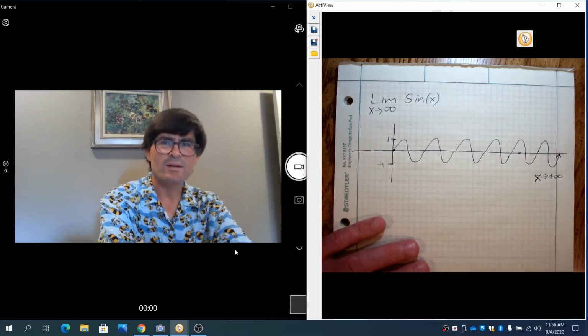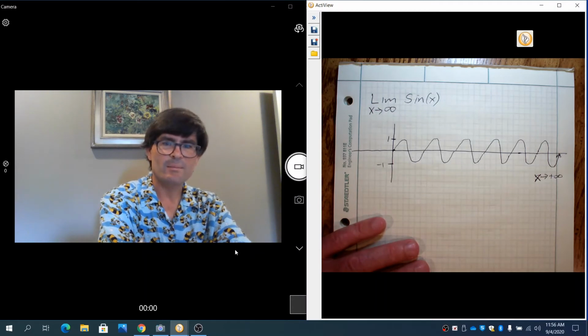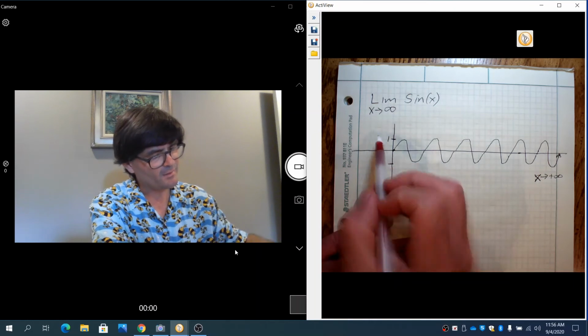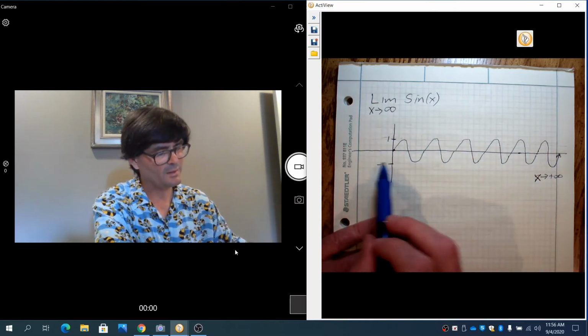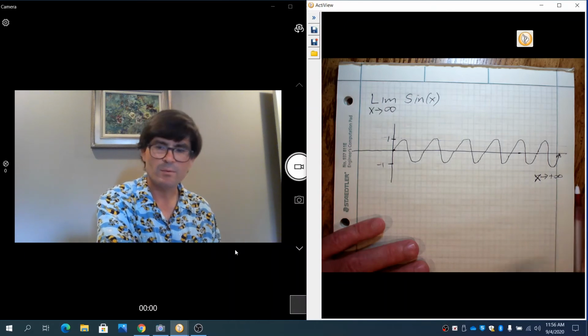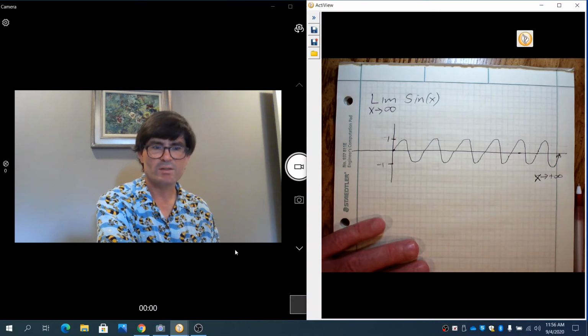So this is kind of a difficult thing to talk about because it's not diverging. It's staying completely contained between +1 and -1. The sine function goes up to 1, down to -1, and periodically bounces back and forth between the two. So this is not diverging. It's also not converging.